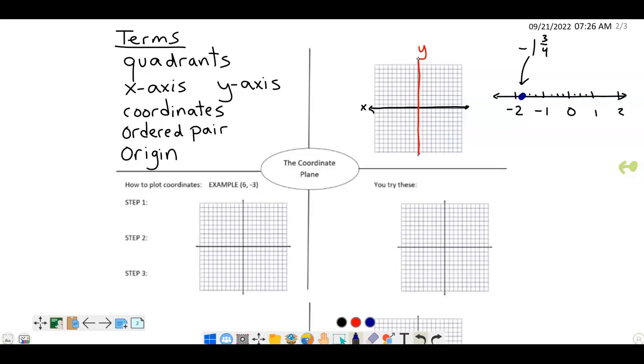Two number lines allow us to move in two-dimensional space right here. So not only can we plot a point right on the x number line like we did right here, we can also plot a point up in one of these four sections over here. We could plot points anywhere on this flat space because we can move left and right, and we can also move up and down according to the y-axis.